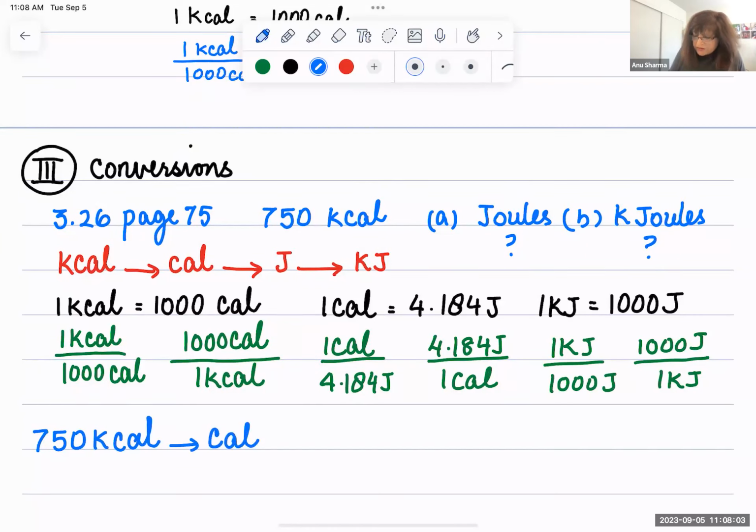Which conversion factor are you going to use, the first one or the second one? Kilocalories and calories, which conversion factor?